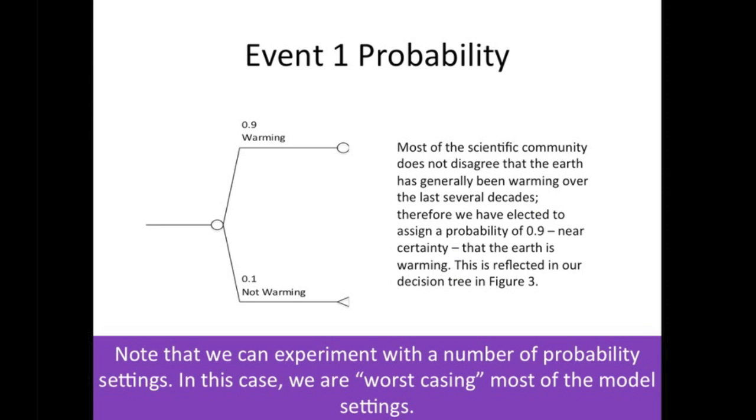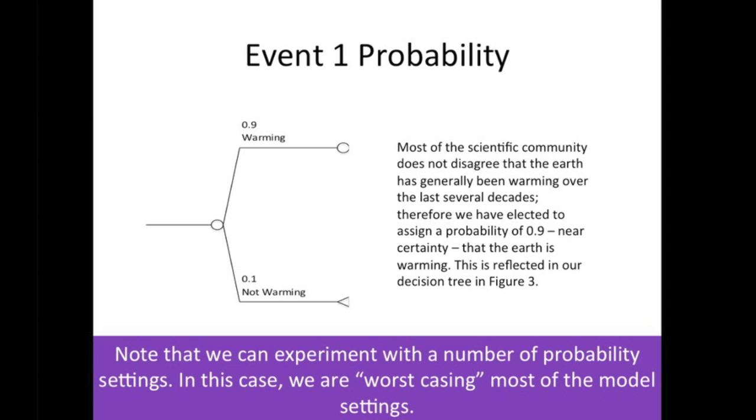Here's event 1. Now, most of the scientific community doesn't disagree that the Earth has generally been warming, so we've elected to worst case this one, and we give it near certainty, a probability of 0.9, that the Earth is warming.